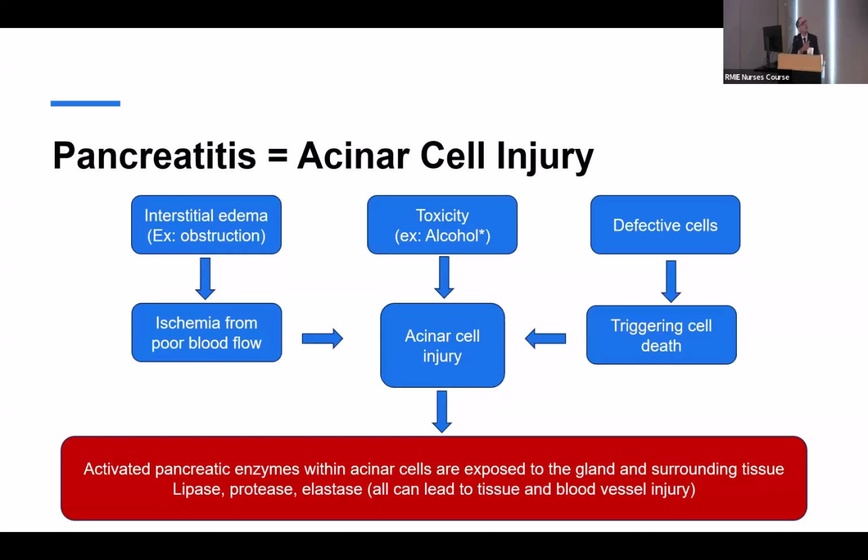What they think is actually going on with alcohol has more to do with predisposition on this other side, being defective cells. A lot of times people who get alcoholic pancreatitis have some underlying genetic predisposition, so basically their threshold to get pancreatitis is lower.